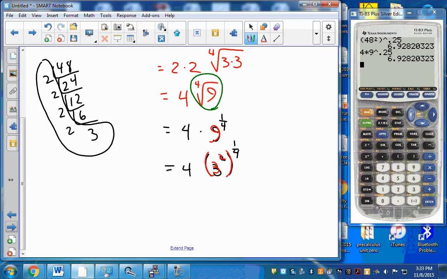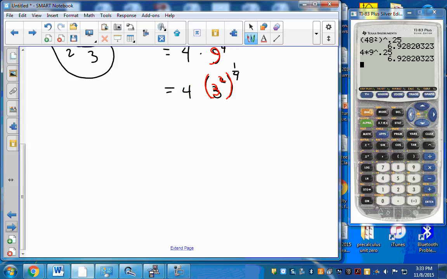And then I'm going to use my properties of exponents. I can multiply the exponents. So this is 4 times 3, let's see, 2 here times 1/4 is 2/4, or 1/2. So 4 times 3 to the 1/2, which is 4 square roots of 3.